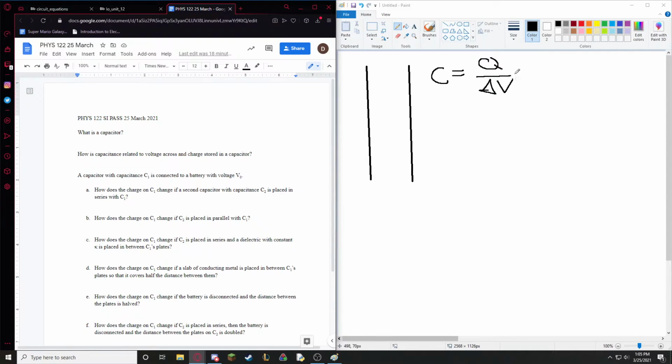And what exactly is this charge Q here? Is that the total charge being stored on both plates combined? Or what exactly is it? Isn't it the charge of each plate? What do you mean each plate?